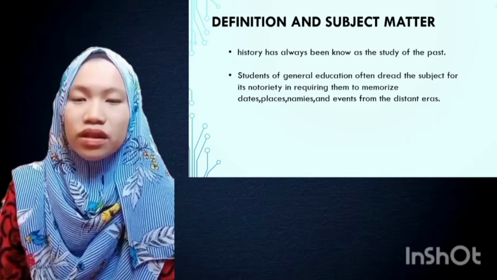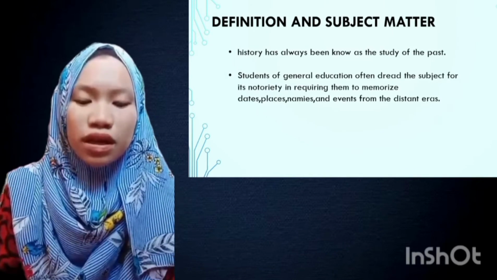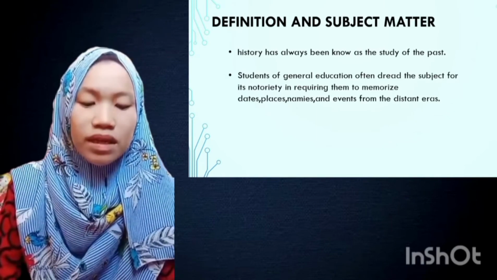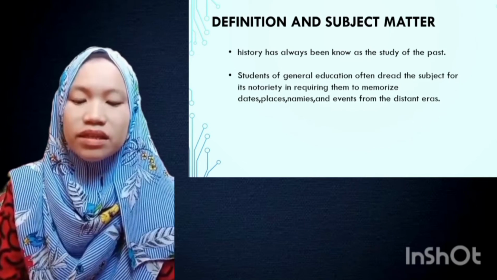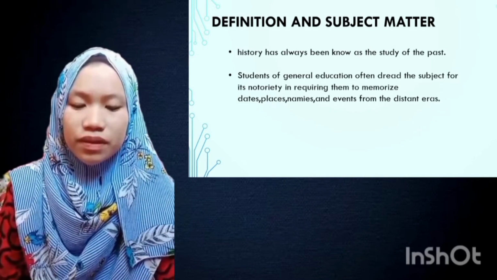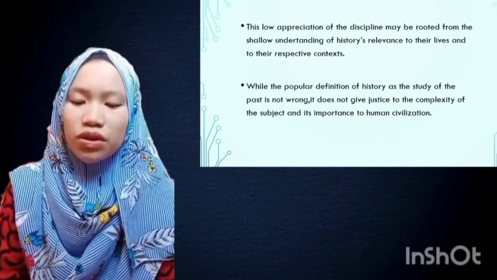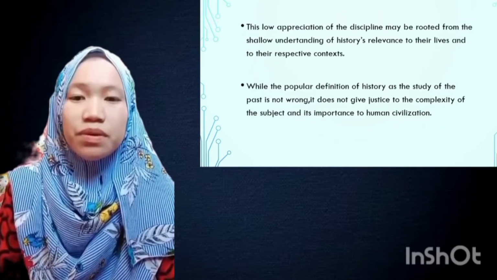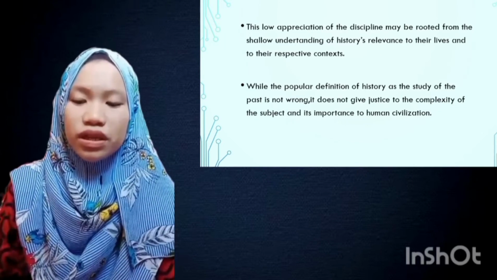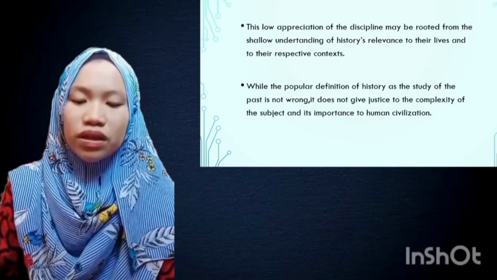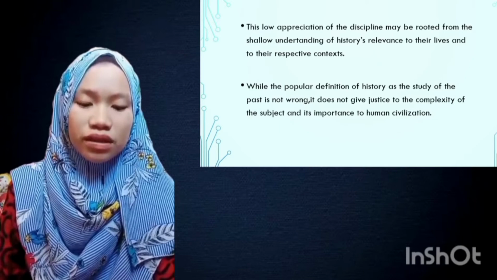Students in general education often treat the subject with notoriety for requiring them to memorize dates, places, names, and events. This slow appreciation of the discipline may be rooted in a shallow understanding of history's relevance to their lives and their respective contexts.